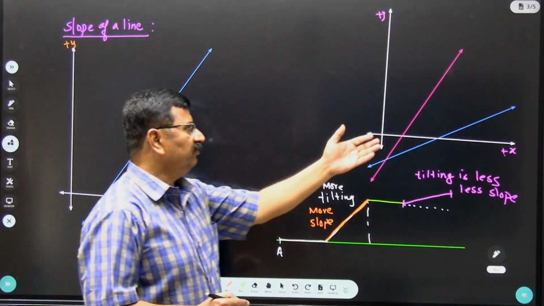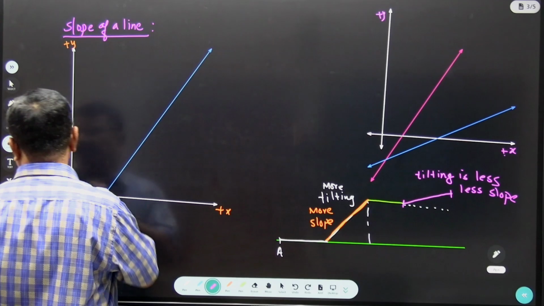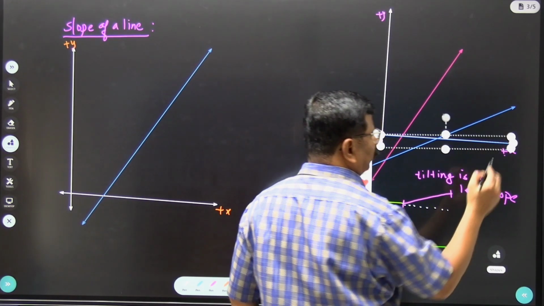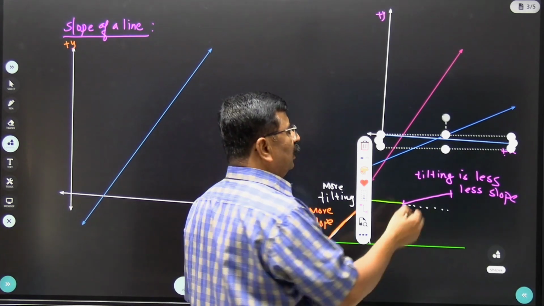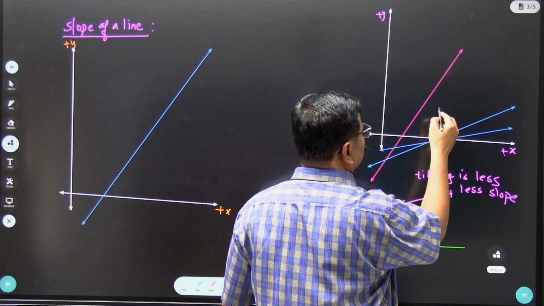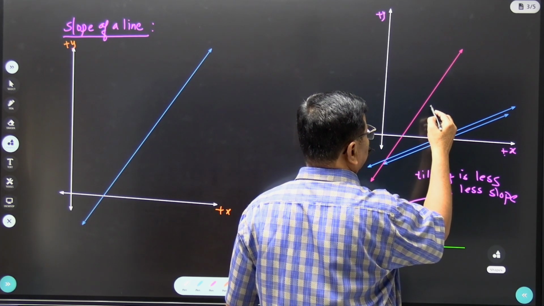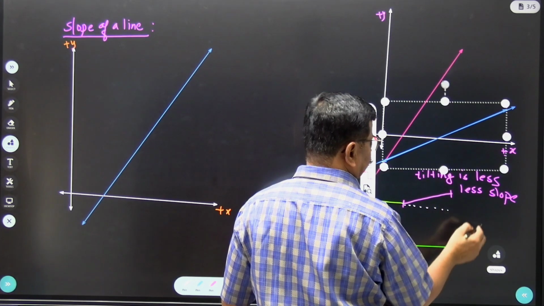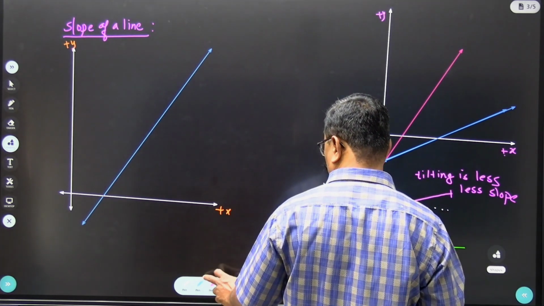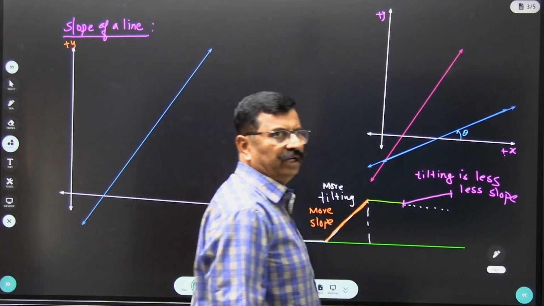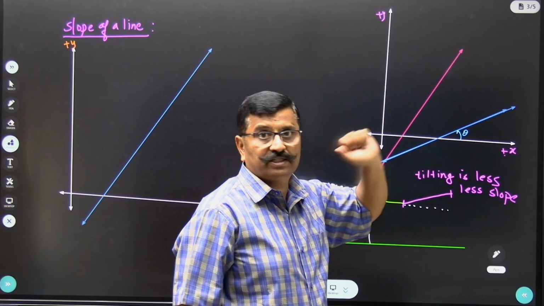Now let us understand with this proper x-axis and y-axis. Now see here there is a line which is exactly along x-axis, and now say the line starts making certain angle theta with the x-axis. Then we say that this is the inclination of the line, and see here there is a less tilting.